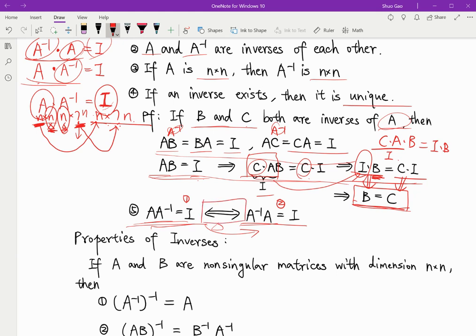This sign means if and only if: if the first statement holds, the second statement must also hold, and if the second statement holds, then the first statement should also hold. Or we can say that A times A inverse equals A inverse times A equals I. So the order doesn't matter.